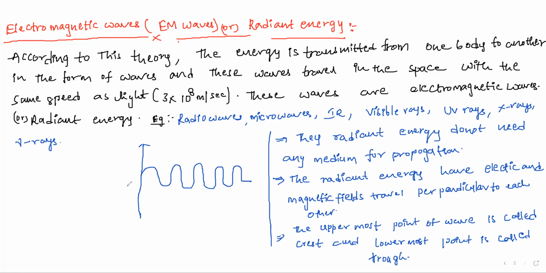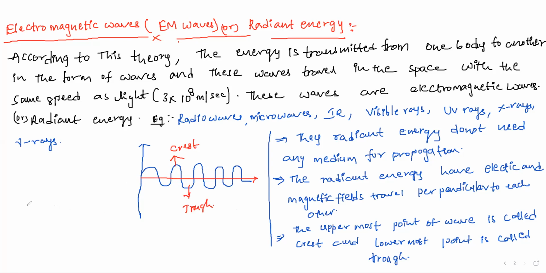Okay now. This is the direction of propagation. It produces waves. This uppermost point is called crest. This is trough. Okay now.